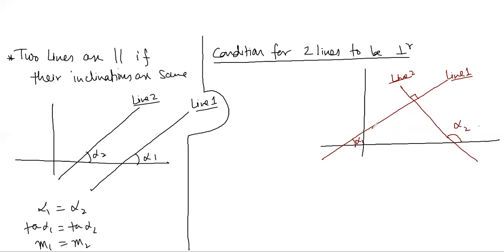Alpha 1 is the inclination of line 1 and alpha 2 is inclination of line 2. So इस triangle में alpha 2 is an exterior angle. So alpha 2 will be equal to 90 plus alpha 1.